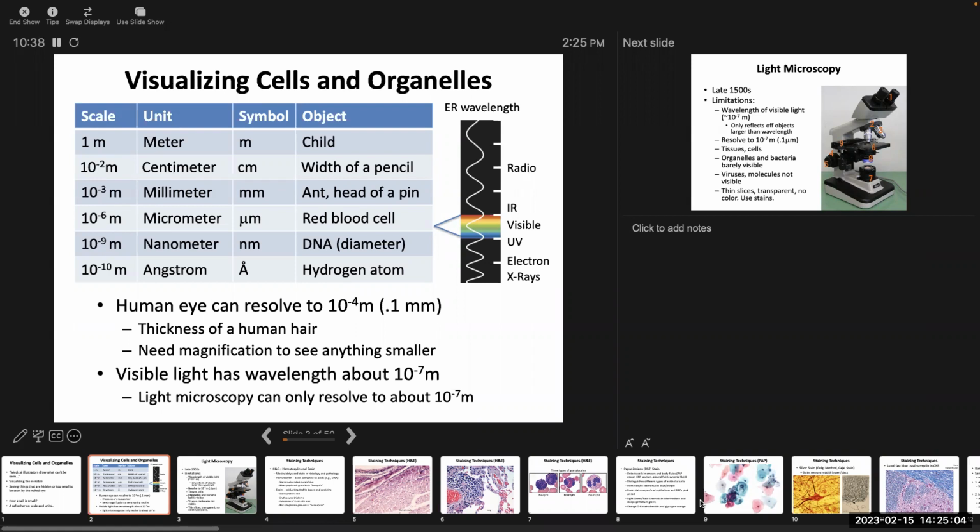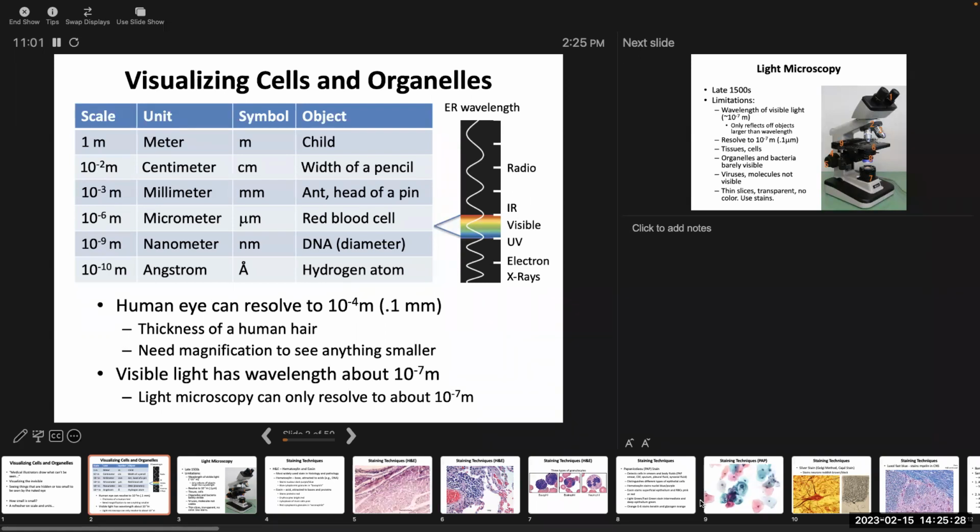But visible light, shown there by the little rainbow, is a form of electromagnetic radiation that falls in a very specific range of wavelengths. The crests of the waves in visible light range from about 400 nanometers.